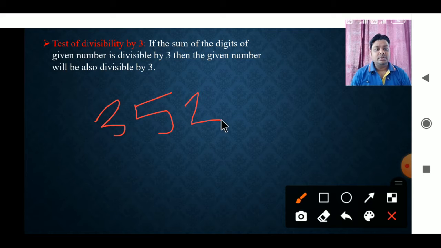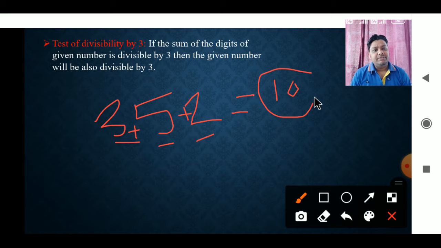Okay, students, so you can see the digits: it is a 3-digit number, 3, 5 and 2. If we add all these 3 digits, that is 3 plus 5 plus 2, then it will be 10. Okay, but is 10 divisible by 3? No, it is not divisible by 3. It means this number 352 is also not divisible by 3.